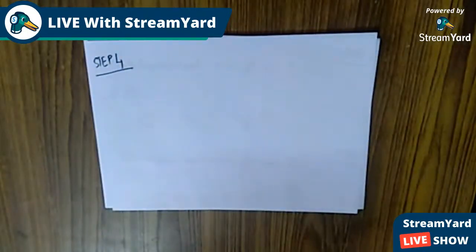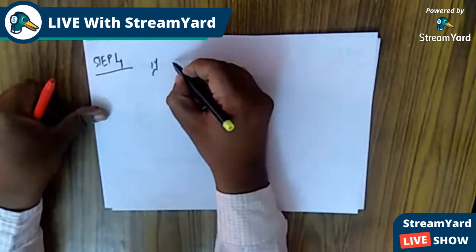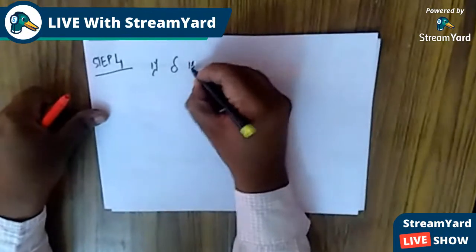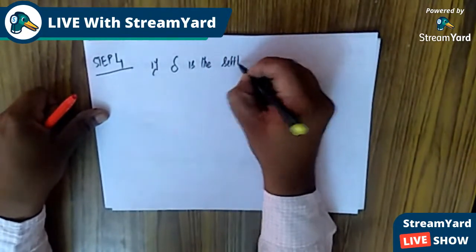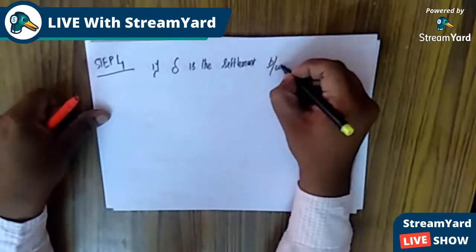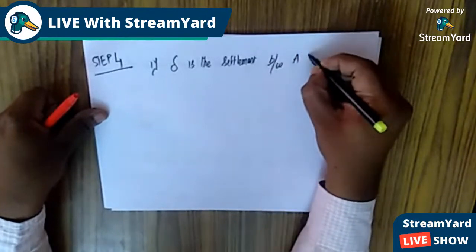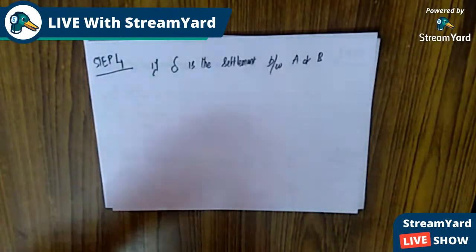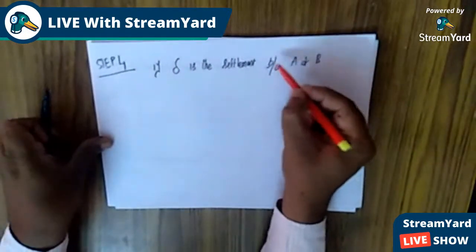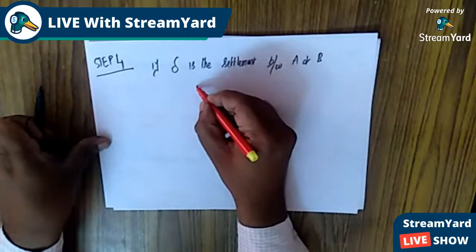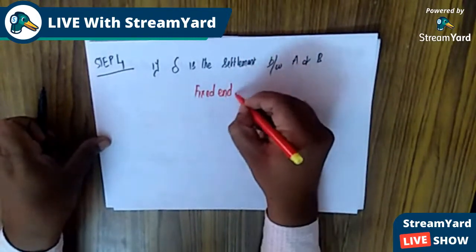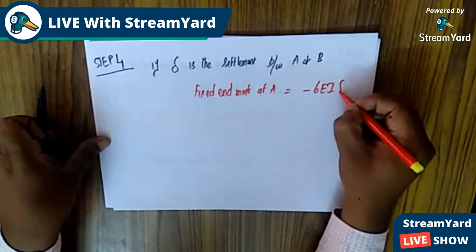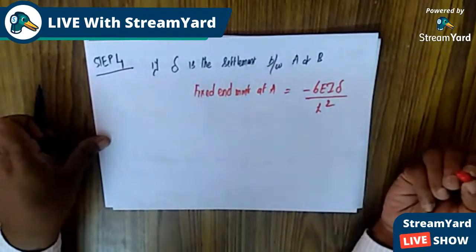So in the continuous beam, if delta is the relative settlement between joint A and joint B, then the fixed end moment developed at A will be equal to minus 6 EI delta divided by L square.